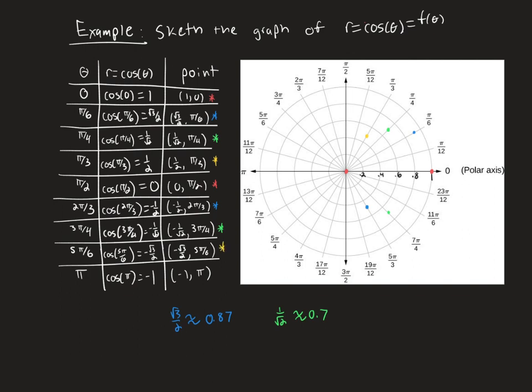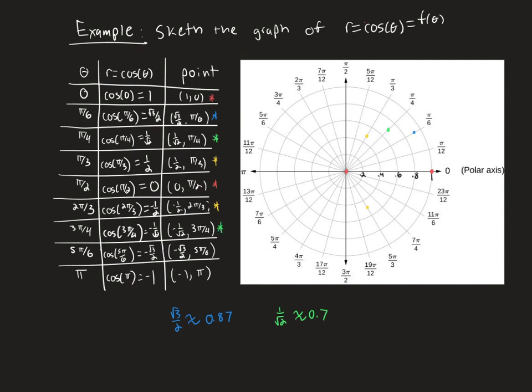Negative root 3 over 2, 5 pi over 6. 5 pi over 6 corresponds to 11 pi over 6. Actually, I want to change up these colors, just to show you that this negative 1/2 corresponds to, so those two yellow ones correspond to each other. They're mirror images of each other.